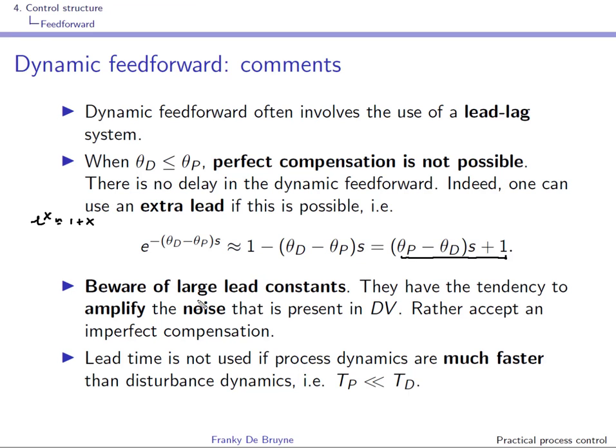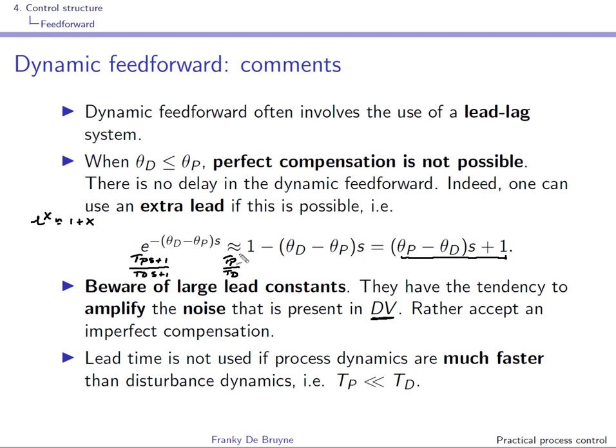It is also very important to beware of large lead constants. In our case that we have tackled, where the two processes were Broida models, we had a lead lag TpS plus 1 and TdS plus 1, and the high frequency gain of this lead lag here is Tp over Td. If this is too large, well, this might amplify the noise that is present in DV.